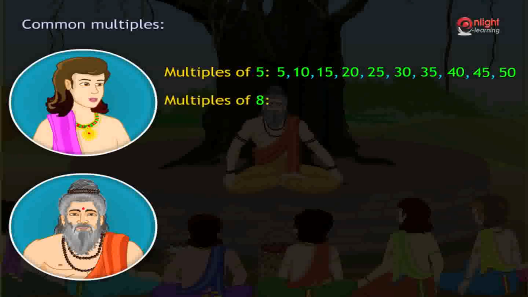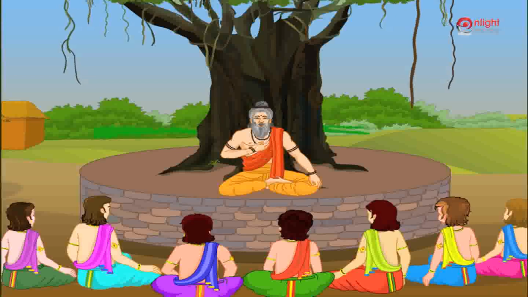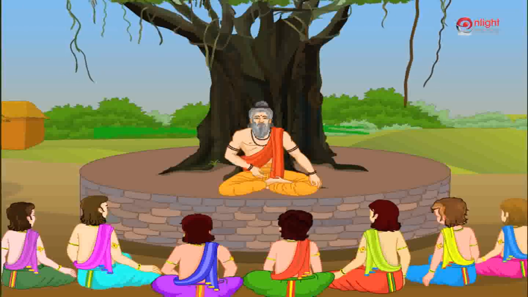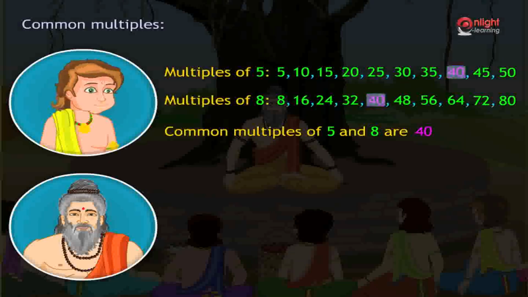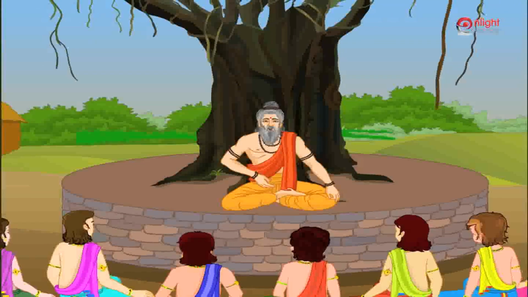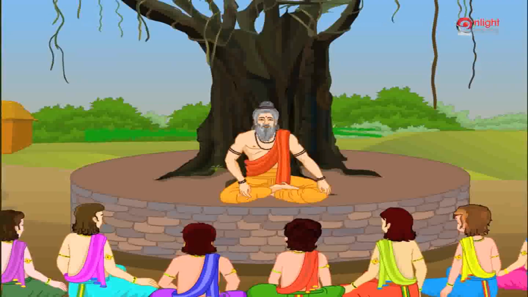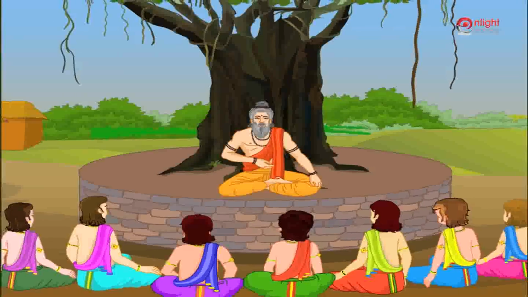First 10 multiples of 8 are 8, 16, 24, 32, 40, 48, 56, 64, 72, 80. So children, do you find any common number to 5 and 8? Number 40 is common in multiples of 5 and 8. Good. So both Bhim and Dushasan can decorate the 40th pillar.